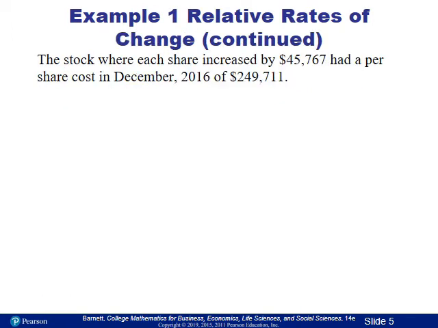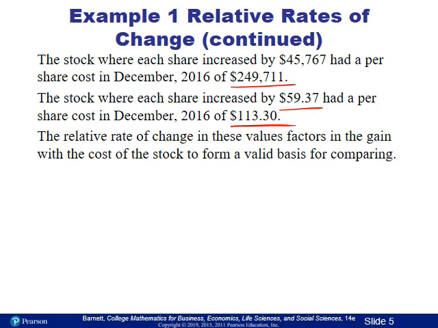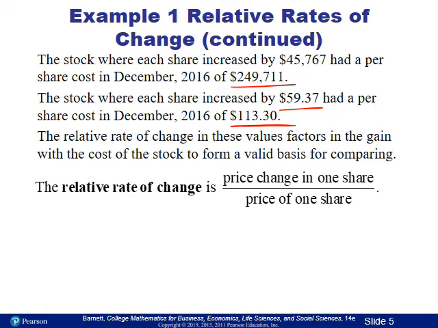The stock where each share increased by this had a per share cost like this, and the stock where each share increased by this had per share cost equal to dollar this. The relative rate of change in these values factors in the gain with the cost of stocks to form a valid basis for comparing.